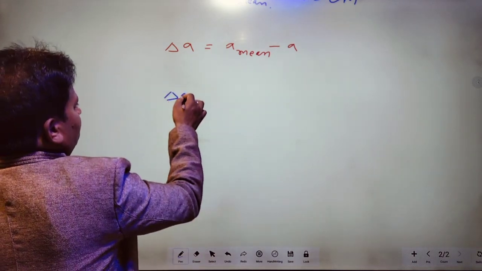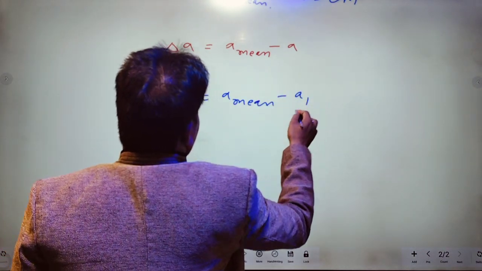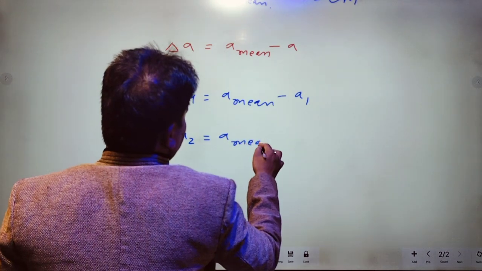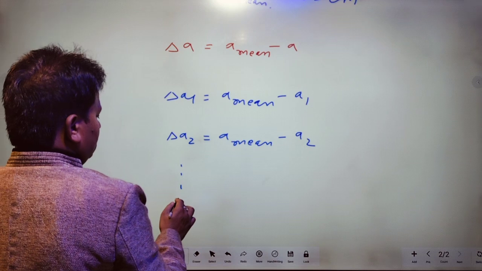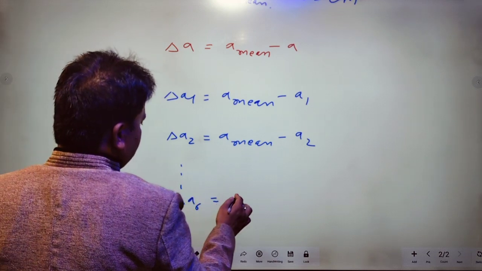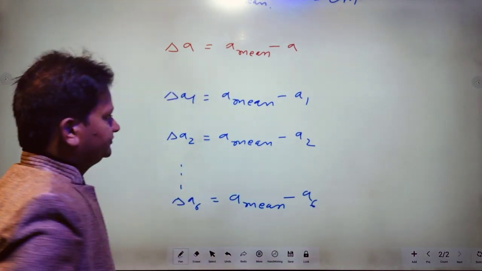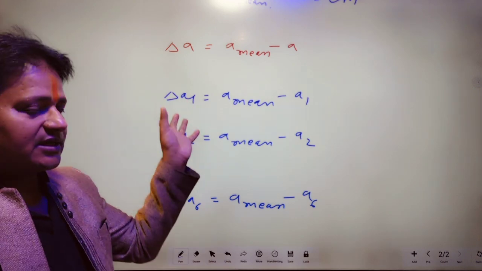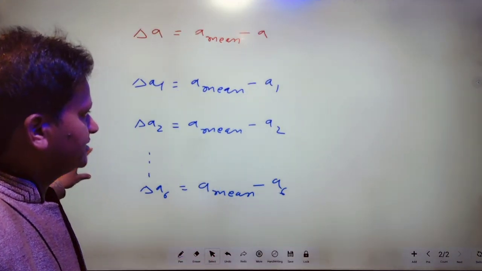This is delta A1, A mean minus A1, delta A2, A mean minus A2, and so on, delta A6, A mean minus A6. Delta A can be positive or negative, like this.